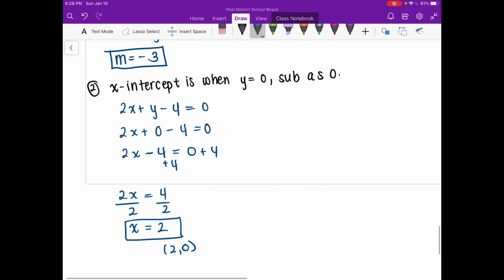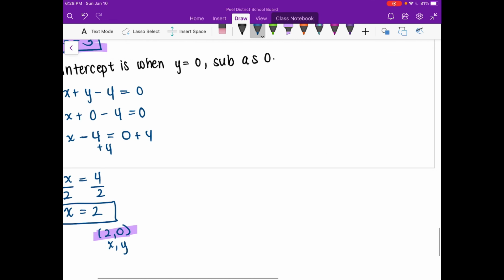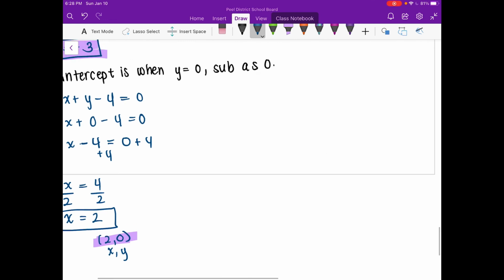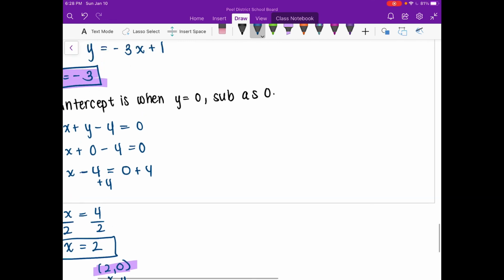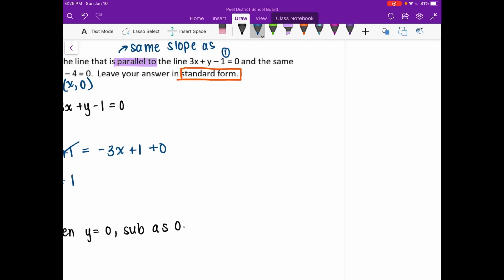So now I have a point, and I have m. So I have x, y, and I have m. I can find the equation of this line very easily. You can use y equals mx plus b, right? Or you can use point slope form.